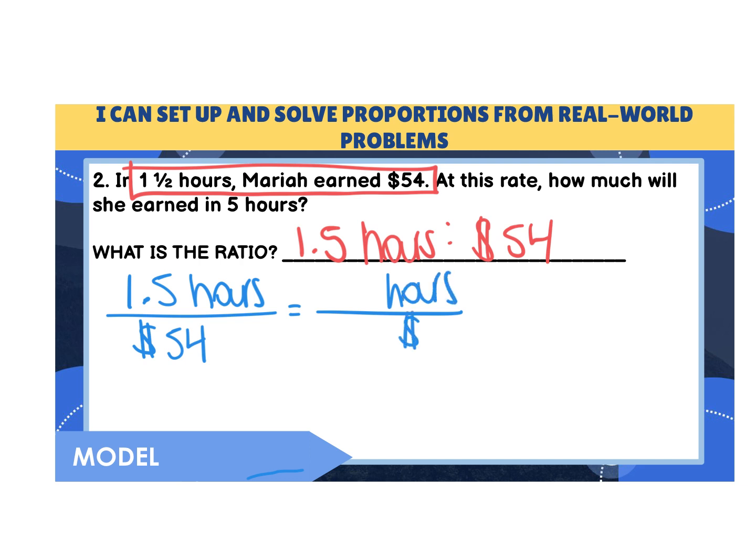I'm going to go back into the question, and it says, at this rate, how much will she have earned in 5 hours? So we're going to put the 5 on top next to hours and our X on bottom. And we can solve our proportion.